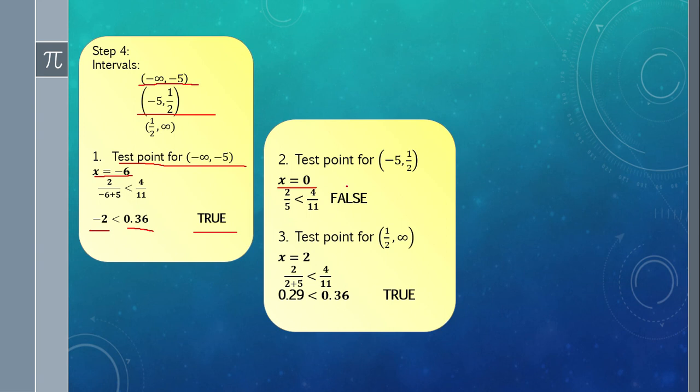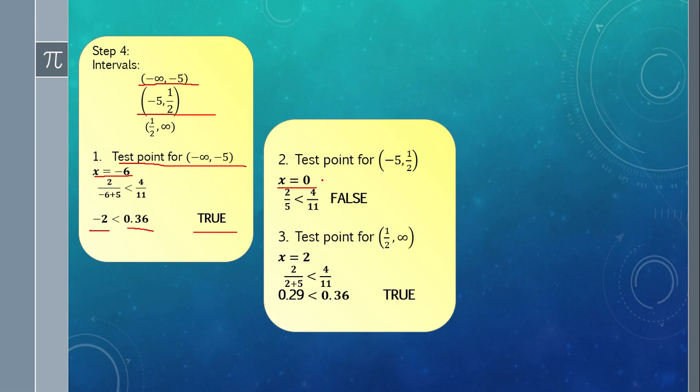So it should be less than 1 half. And take note that 0 is less than 1 half. So that is allowed for our test points. How about 0.4? 0.4 is also less than 1 half, so it's also okay. How about negative 1? Negative 1 is also okay, but in my case, I use 0 for us to solve the original inequality easily.